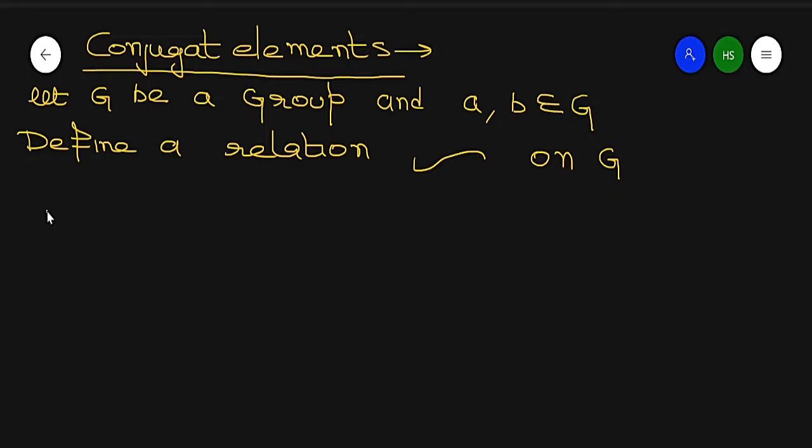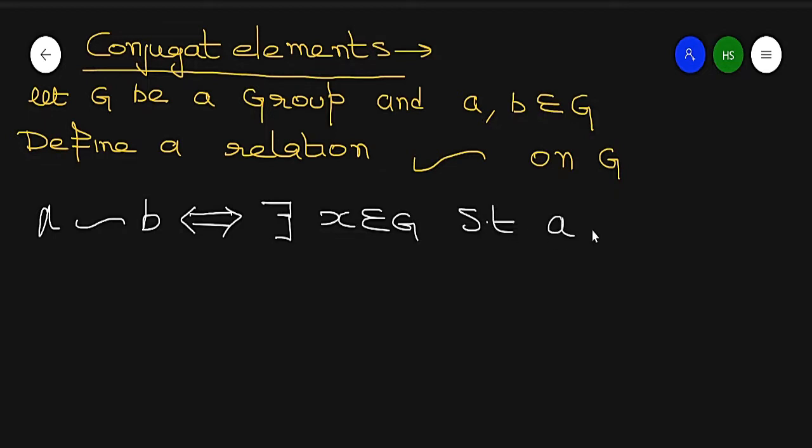A is related to B if and only if there exists some x belonging to G such that A is equal to x inverse Bx.